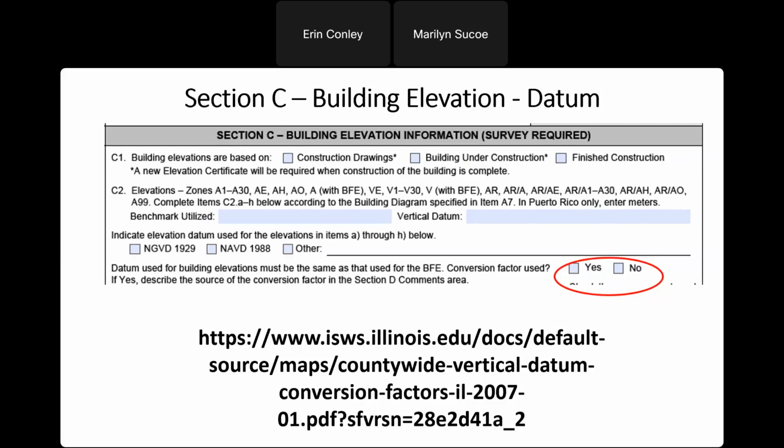Datum used for building elevations must be the same as that used for the BFE. If a conversion factor was used, you need to explain that and describe the source of the conversion factor.